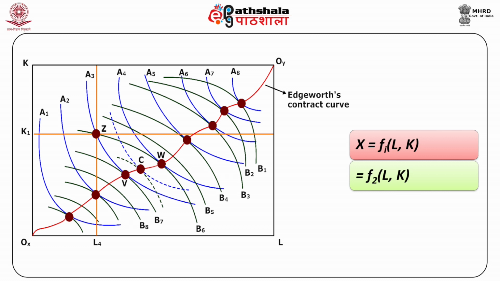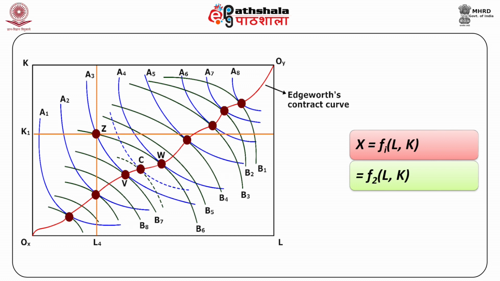Now if you look at K1K and if we examine the isoquant B6, then it shows that the marginal rate of substitution of isoquant B6 at this point would be different from the marginal rate of technical substitution for commodity X. That is, at point Z, the slopes of the two isoquants A3 and B6 are not equal.